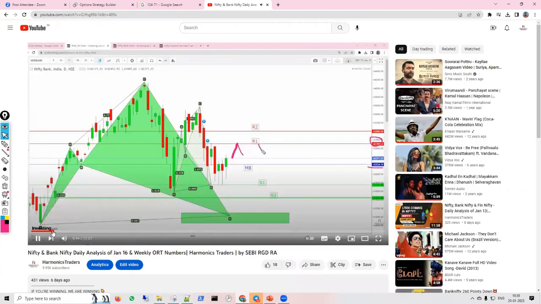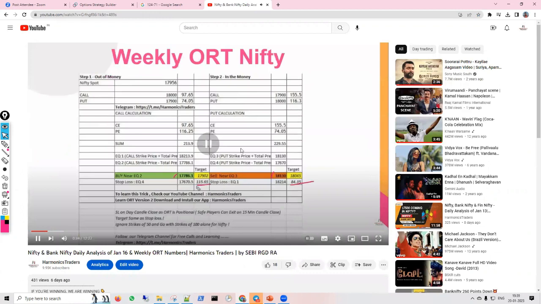So let us say this week 18130 was the ORT selling number, right? If you had initiated a bear spread around 18130, that became a total profit for you. Nifty closed below 18130, so if you had initiated a bear call spread, you would be in decent profit.